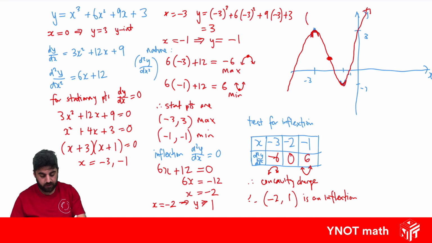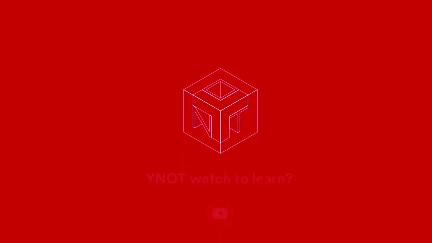We can even go ahead and label these points in: minus 3, 3, minus 1, minus 1, and our inflection point at minus 2, 1, which makes sense because that's looking like it's concave down and that's concave up, and we're expecting a change in concavity in the middle there.